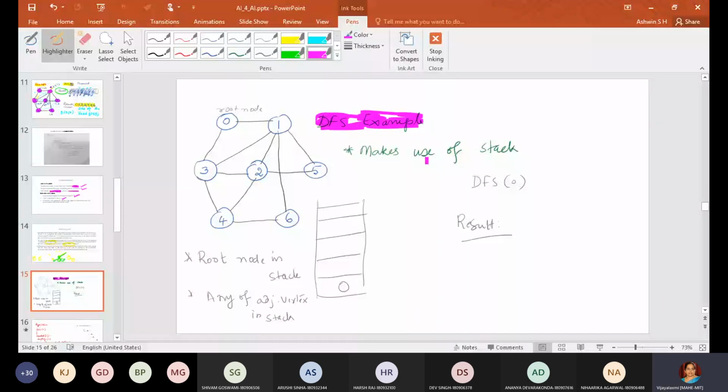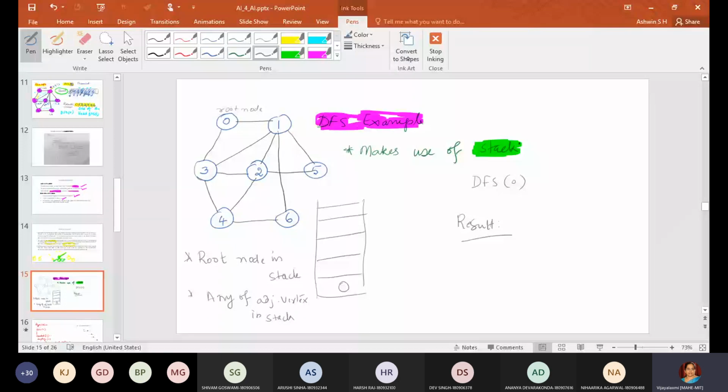So it makes use of a stack. What is the basic principle of a stack? All of you know, right? What is it? LIFO. Yes, LIFO, very good.